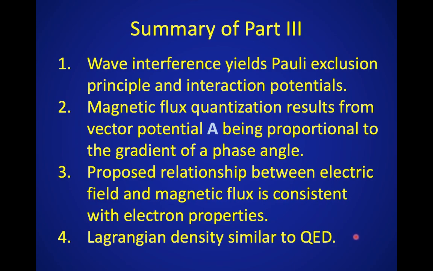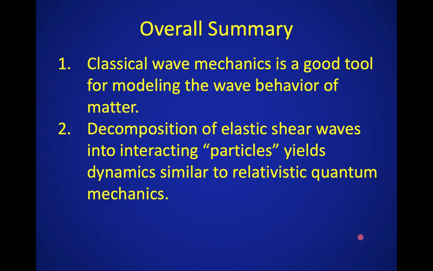And the Lagrangian density is similar to quantum electrodynamics. And the overall summary is that classical wave mechanics is a good tool for modeling the wave behavior of matter. And secondly, the decomposition of elastic shear waves into interacting particles yields dynamics similar to relativistic quantum mechanics.